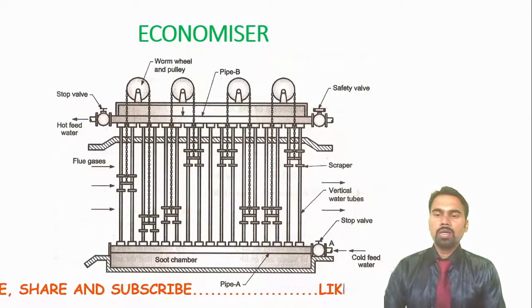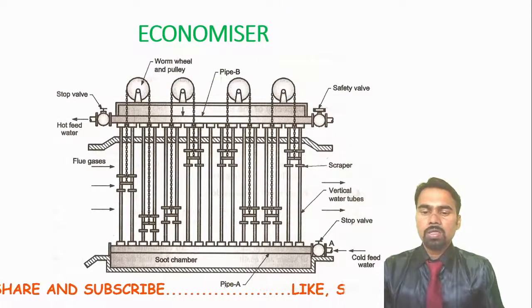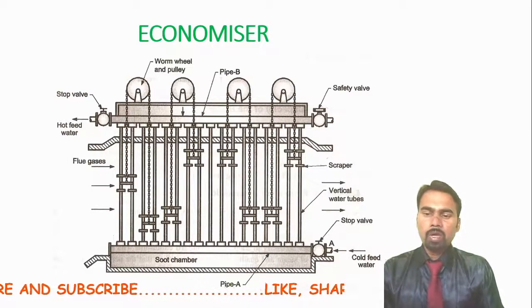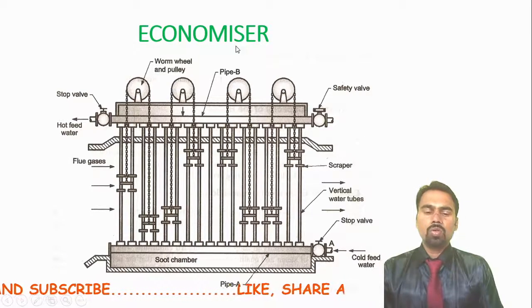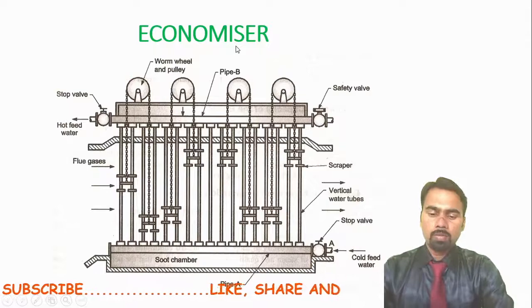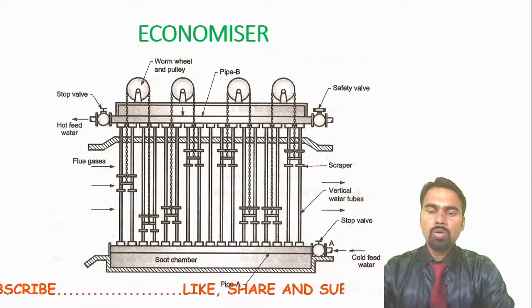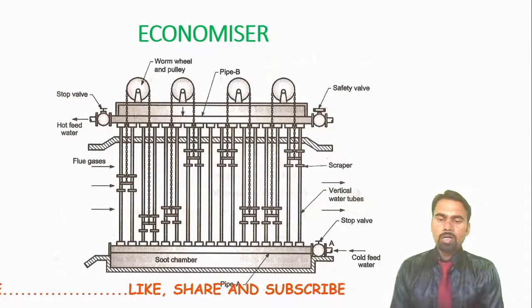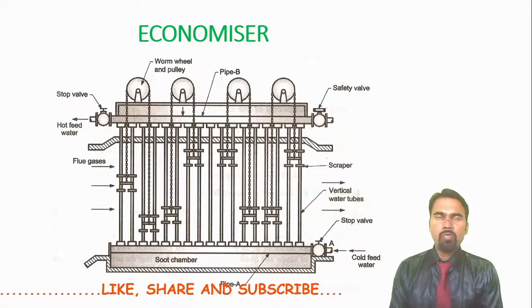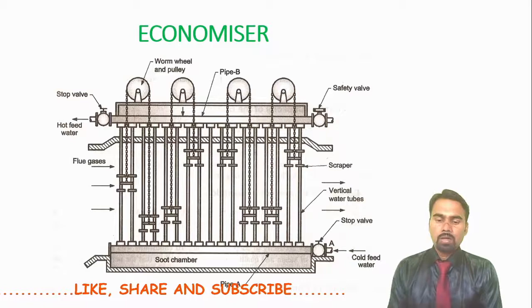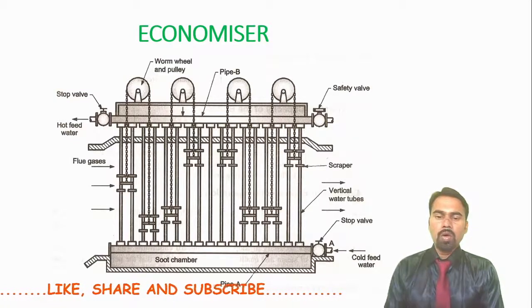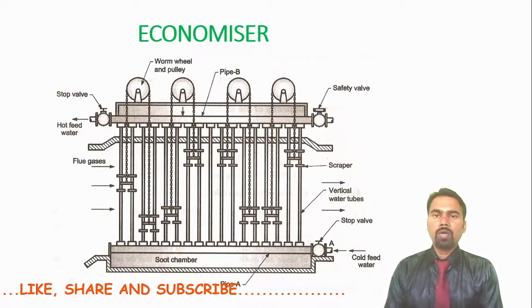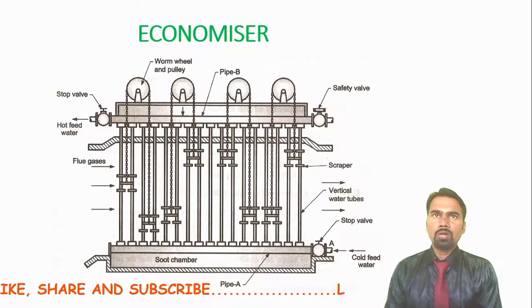Then the next component is the economizer. The function of the economizer is to preheat the water before sending it into the boiler shell. What happens if we preheat the water? The amount of fuel required to increase the temperature of that water will be less.